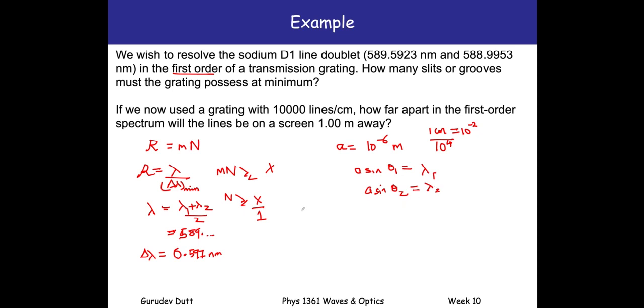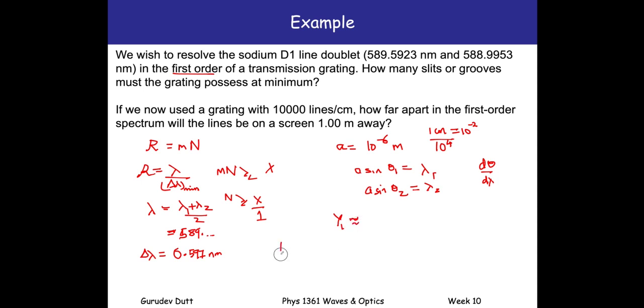You could also use the grating angular dispersion d theta over d lambda, but I'm just explicitly calculating the values for theta 1 and theta 2 directly from the grating equation, since I know the values. Or as I said, you can also use d theta over d lambda from the grating equation. Anyway, coming back to this, we can now find the position, call it y1.